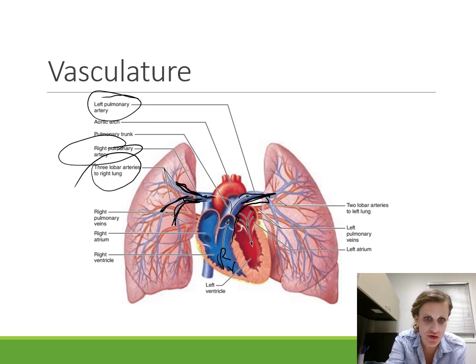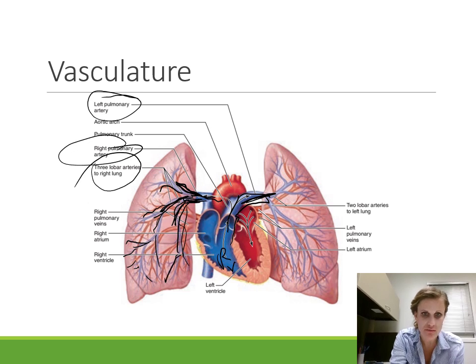Again, the lobar arteries are going to come to different regions and end up giving us segmental arteries. Okay, so pulmonary trunk, pulmonary artery, lobar arteries, segmental arteries.